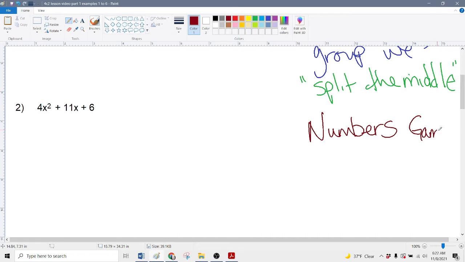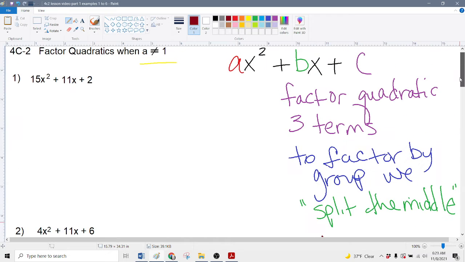We've been playing that numbers game for the bell ringer. We're always looking for 2 numbers. They have to multiply to A times C and add to B. And those A and B are the coefficients, and C is the constant of our quadratic.